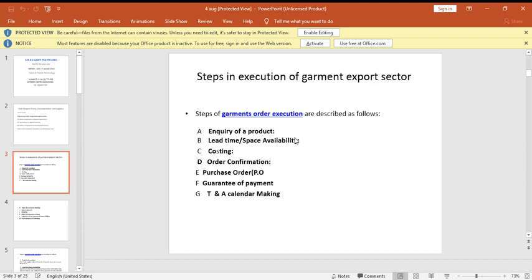And today we have learned the steps in execution of a garment export sector.